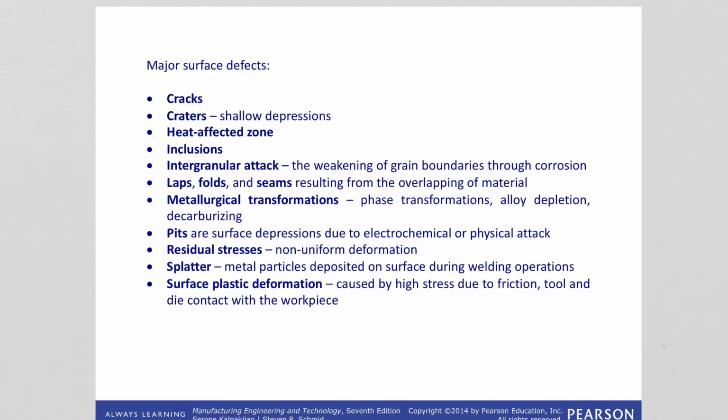This is small, resolidified, molten metal particles deposited on the surface, such as maybe during some welding operations. And there is the last one, surface plastic deformation. This is caused by high stress due to factors such as friction, tool and die contact geometry with the workpiece, worn tools, and processing methods.